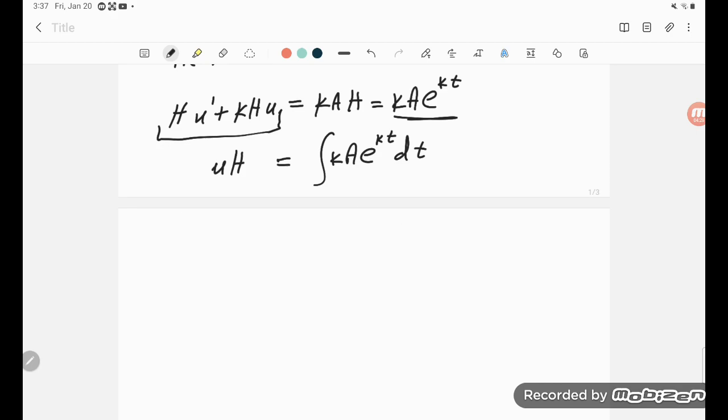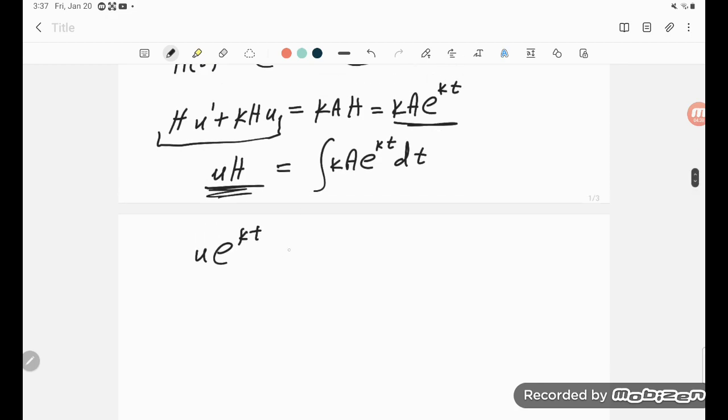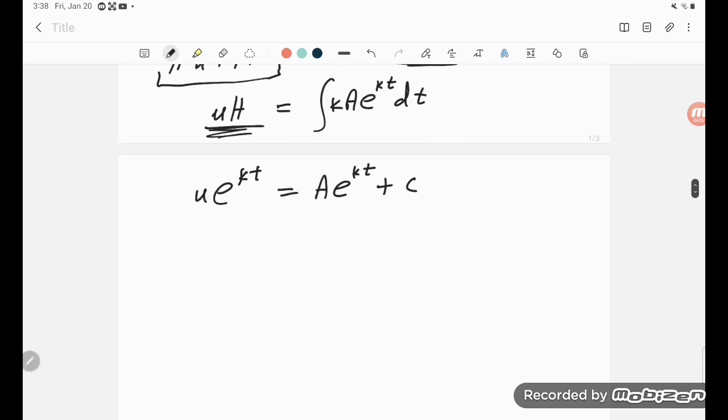I didn't bother with the integral sign and all that because I know that's the answer. And so I have u, e to the kt, because that's what H is, equals, and when I do my antiderivative here, I get A e to the kt, and then plus my arbitrary constant. Now I can solve for u, and u is equal to, multiplying through by e to the negative kt, A plus C e to the negative kt.